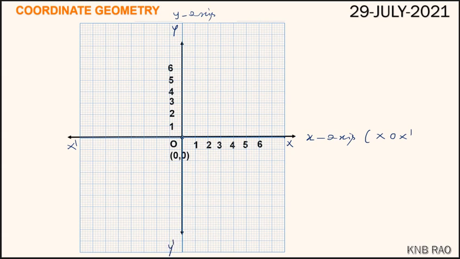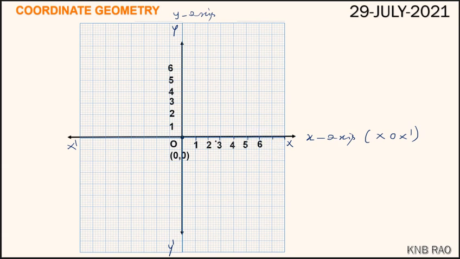You saw on the OX part of this x-axis, you saw only positive numbers 1, 2, 3, 4, 5, 6, 7, 8, and so on.